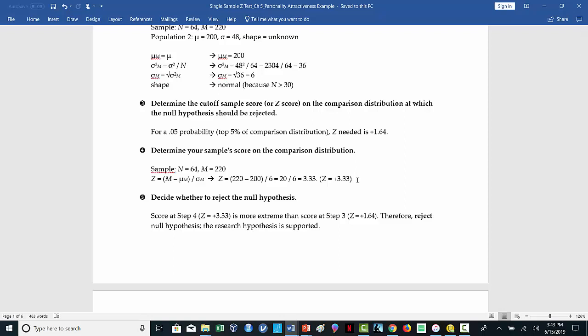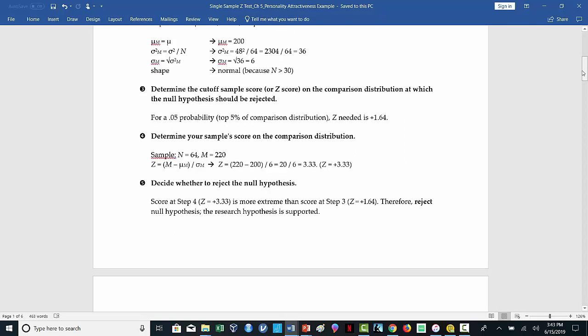Again, that distribution of means comes from population 2, and we're trying to see, basically, is it likely to get this calculated mean with that sample on that distribution of means. So what we're trying to do here is compare this 3.33. Is it more extreme than the 1.64? And of course, that number is bigger than that number, so the answer is yes.